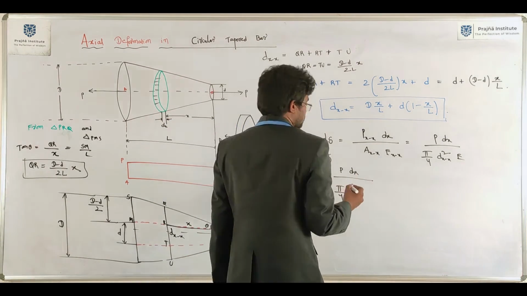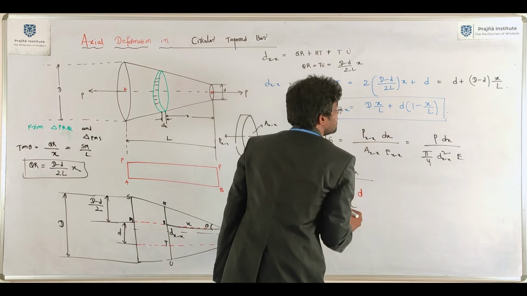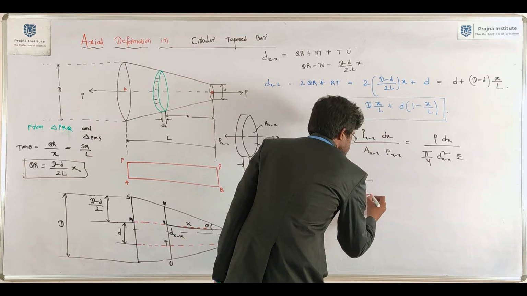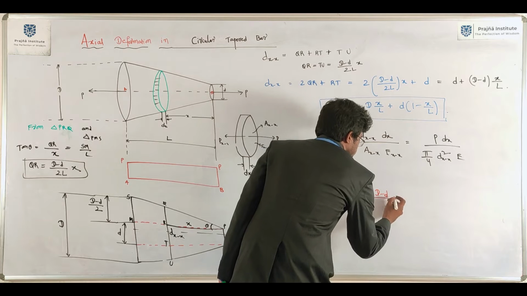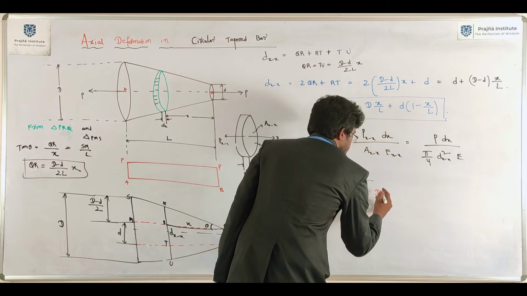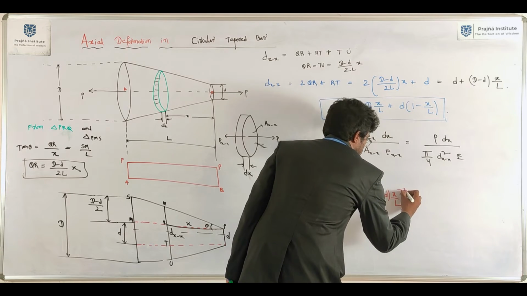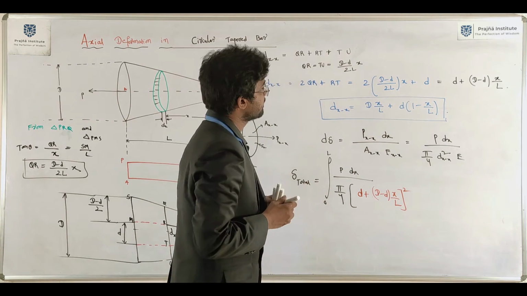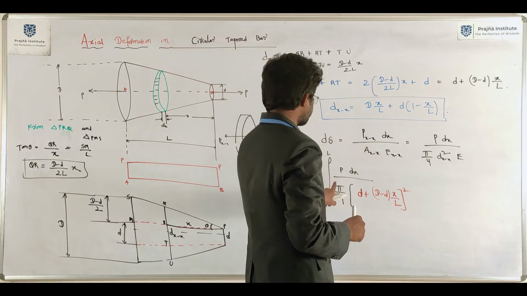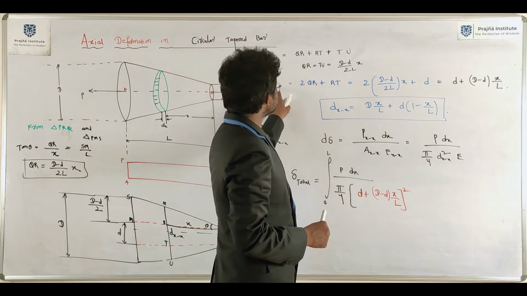how much will you get? d plus (D minus d) into x by L, whole square, pi by 4 into dxx whole square.